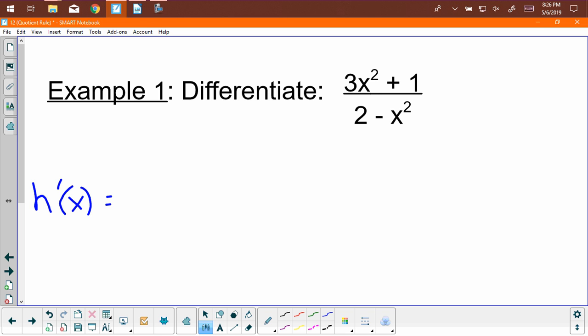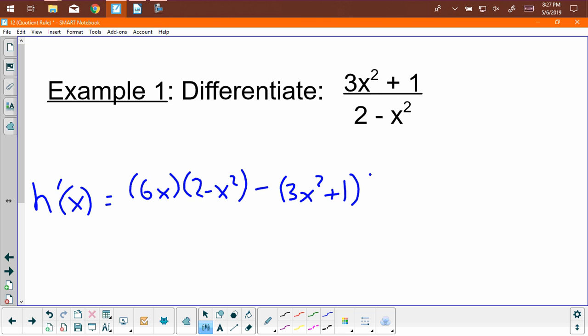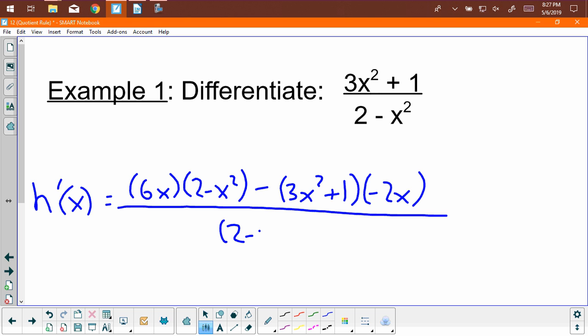The derivative of the numerator is 6x times the denominator, minus the numerator times the derivative of the denominator, which is negative 2x, all over the denominator squared.